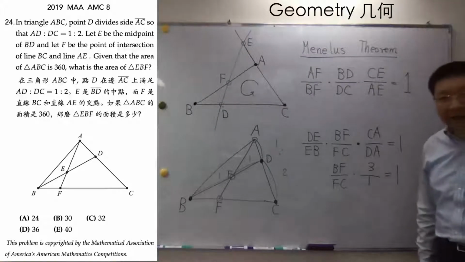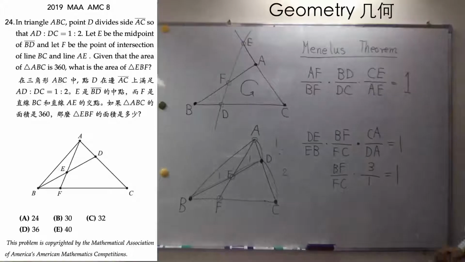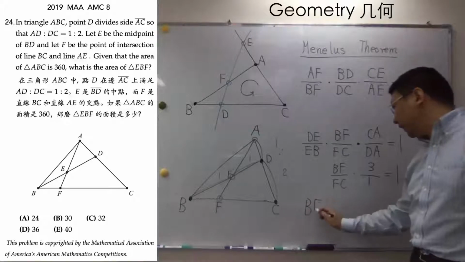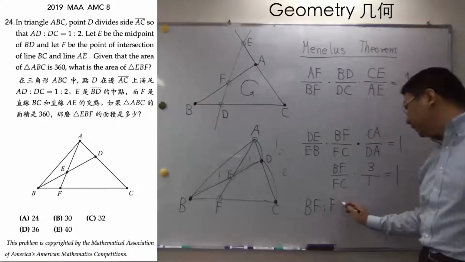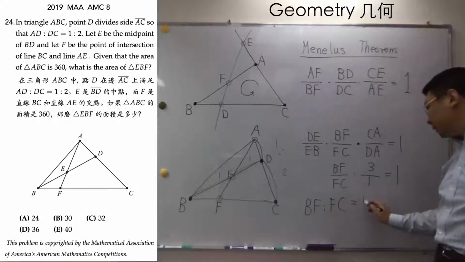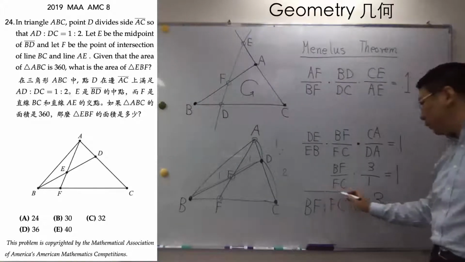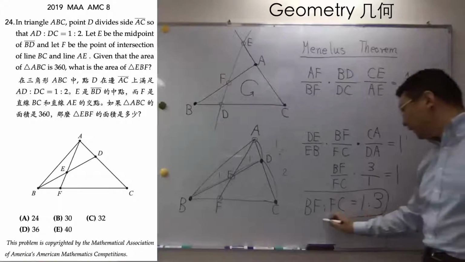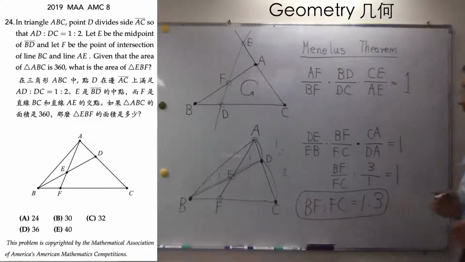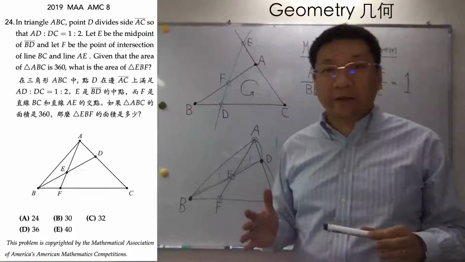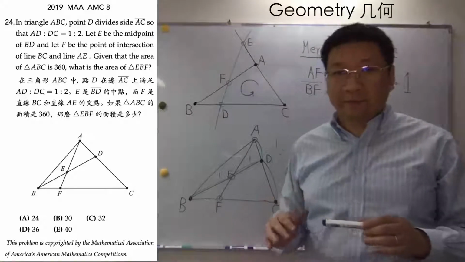Then what is the result we have? We can get the ratio for BF over FC. That is 1 over 3. So that is a very important ratio we get from the Menelaus theorem, which will help us to calculate the area.